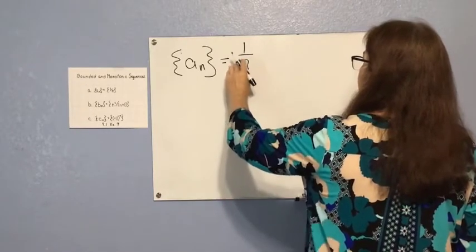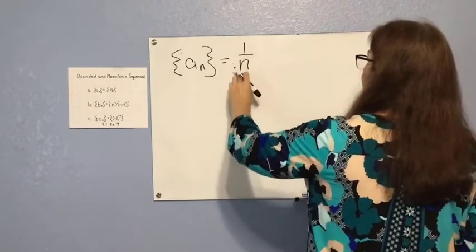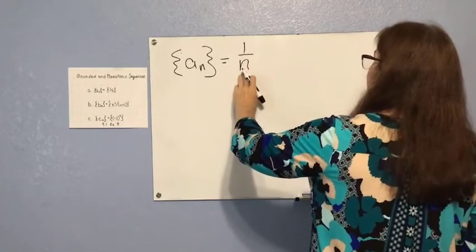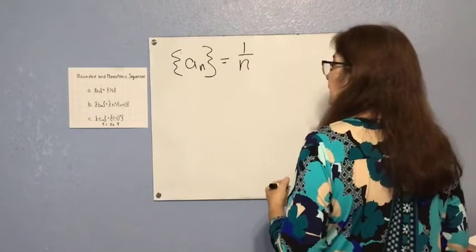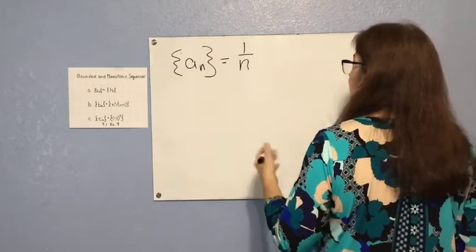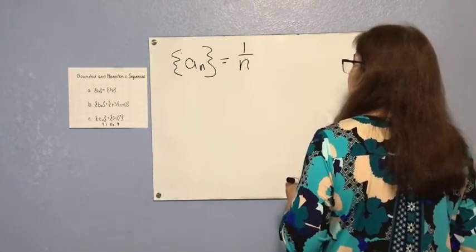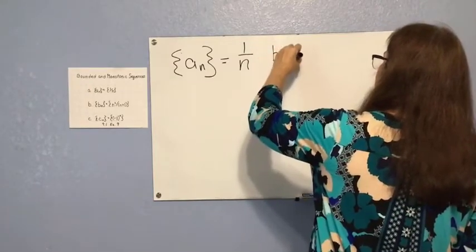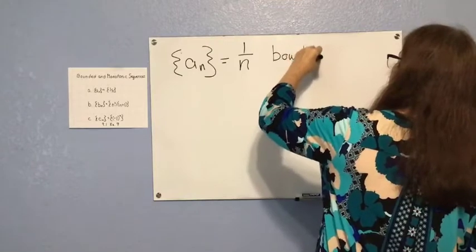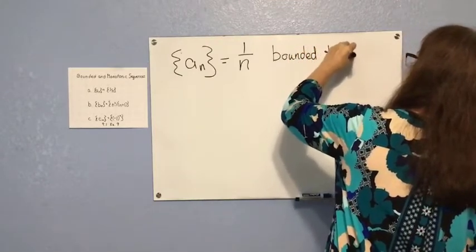It is, because when n is 1, this is 1, and when n is anything bigger, this is going to get smaller and smaller and smaller, but never be negative. So the lower bound would be 0. So this is bounded and monotonic.